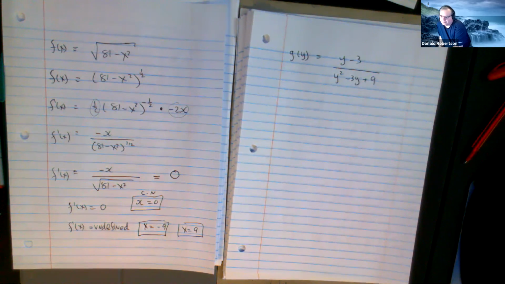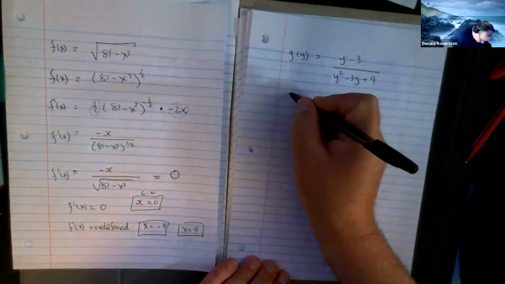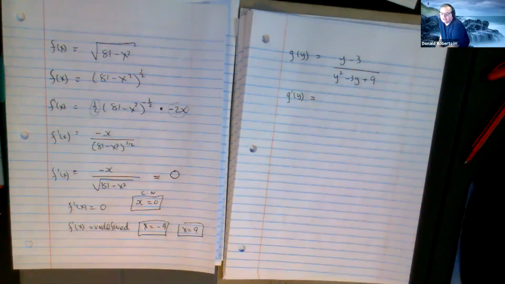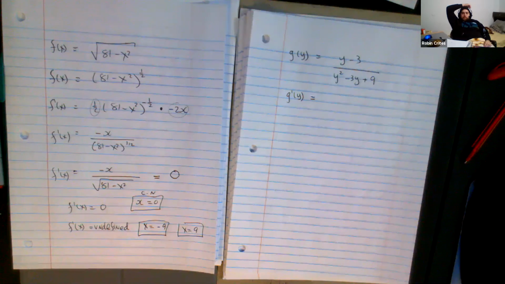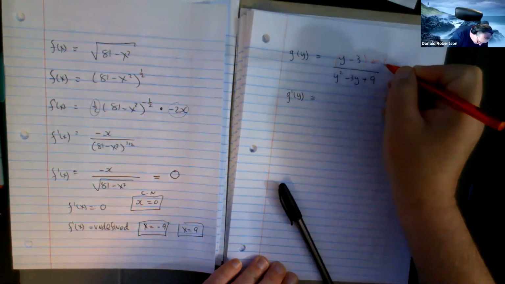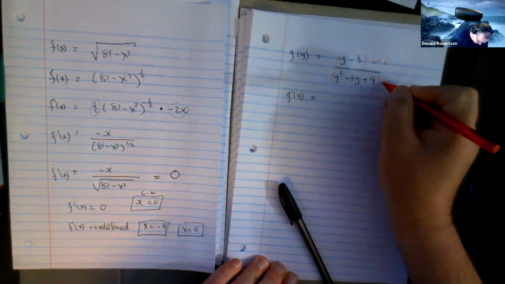Let's go hunting for the critical numbers of this function. What method will I use to differentiate g of y? Quotient. Right. And this guy here is f. This guy here is g.